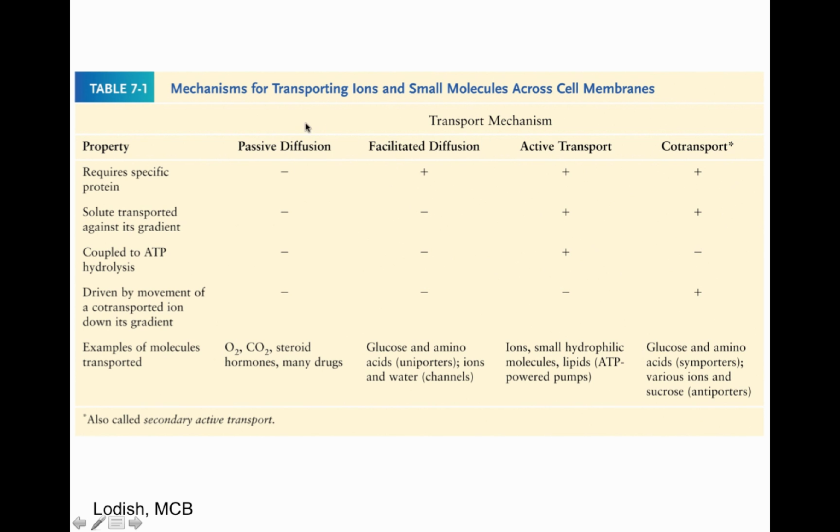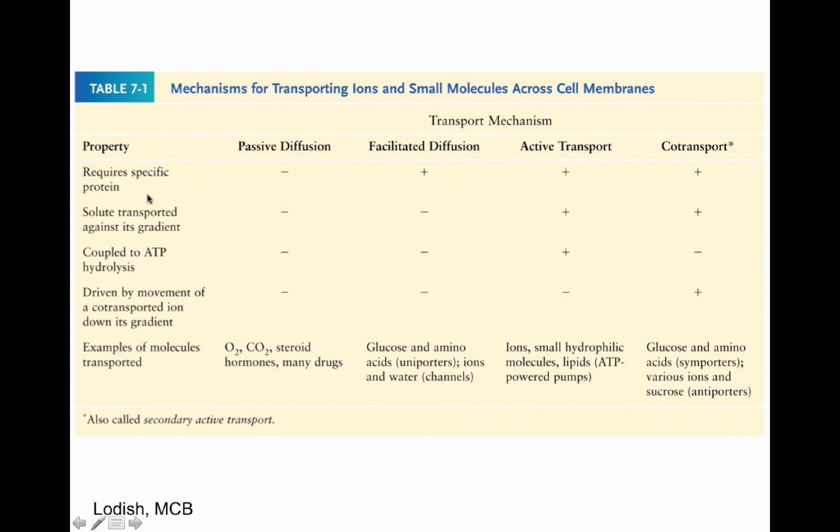So to end the lecture, I would like to show you a table that illustrates the mechanisms for transporting ions and small molecules across the membrane. So what you have is the mechanism of passive diffusion, or transport mechanisms like facilitated diffusion by proteins, active transport, or co-transport, like secondary active transport.